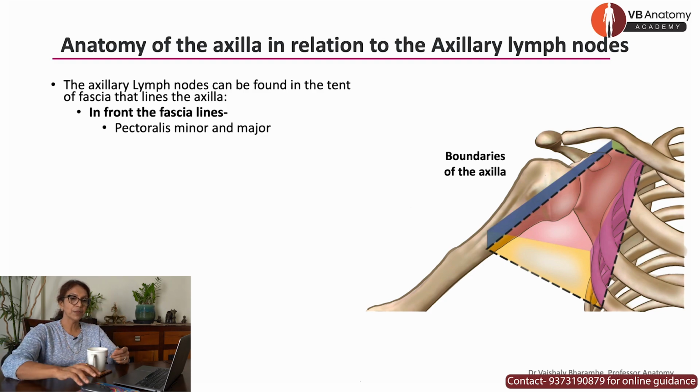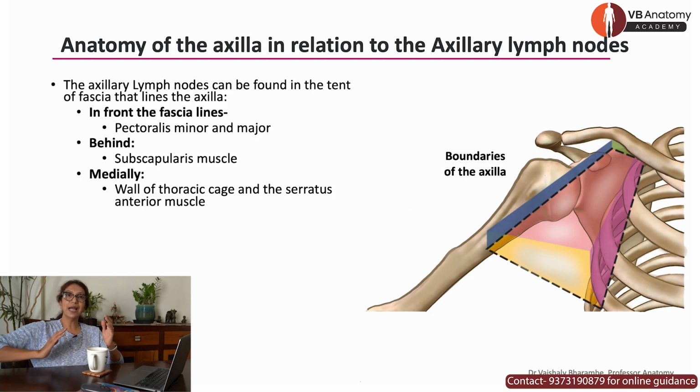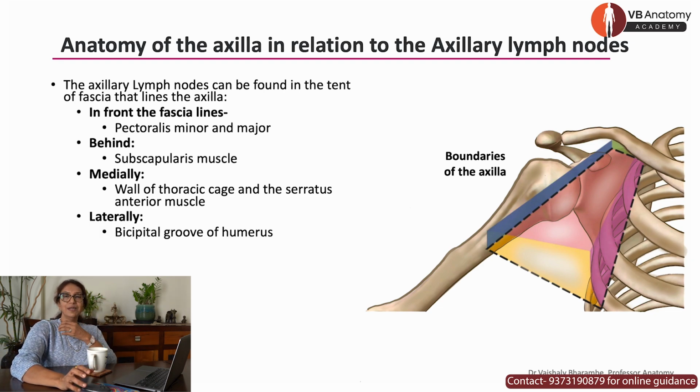Similarly, posteriorly, it's lined by the scapula covered by subscapularis, lined by fascia. So, anterior and posterior layers are done. Medially, it's actually the wall of the thorax itself, covered by serratus anterior, lined by fascia. The lateral part of the axilla is actually the bicipital groove of the humerus, a very thin, narrow space.